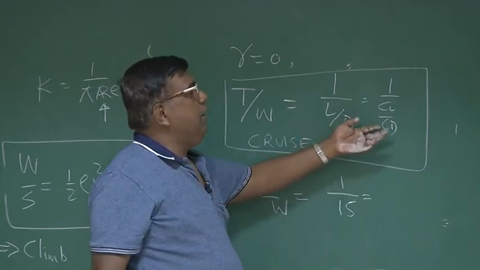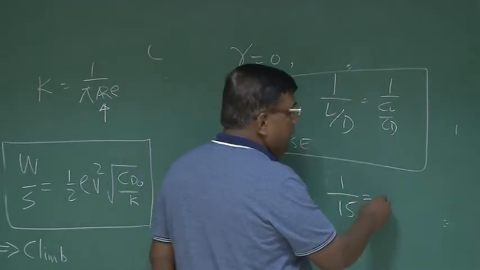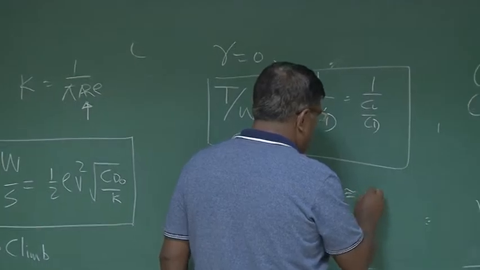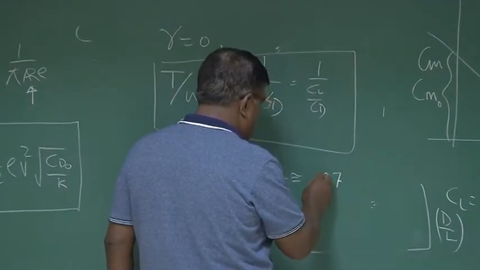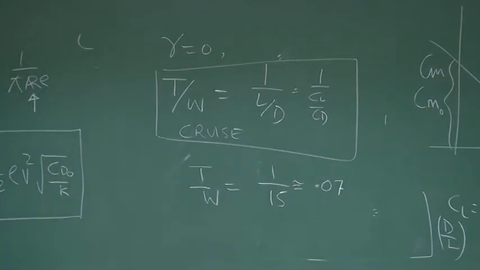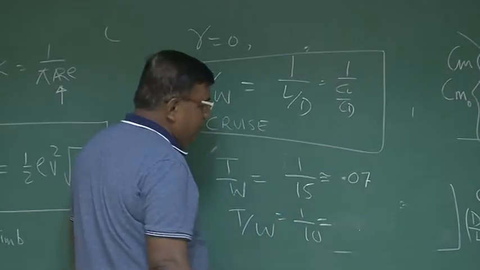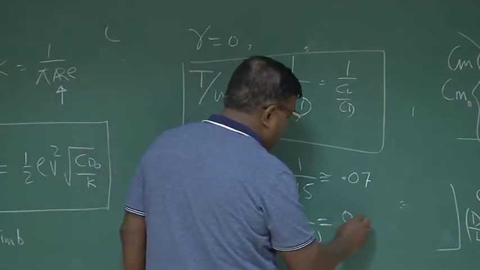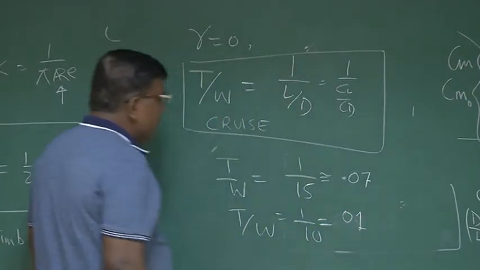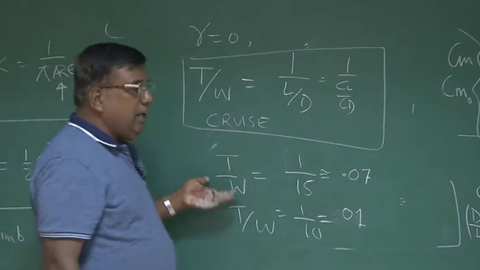If L by D or CL by CD is 15, which is a realistic number, then T by W will be roughly 0.07. Suppose you are flying at a CL by CD of 10, then T by W will be 1 by 10, and that is 0.1. This is the requirement in the cruise. You could see that these values are pretty low.